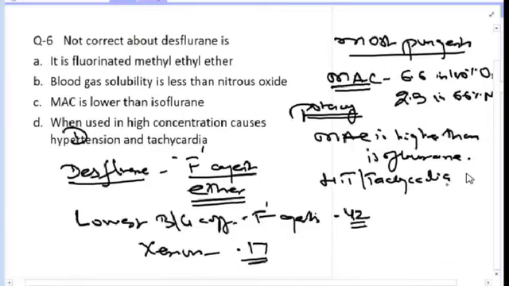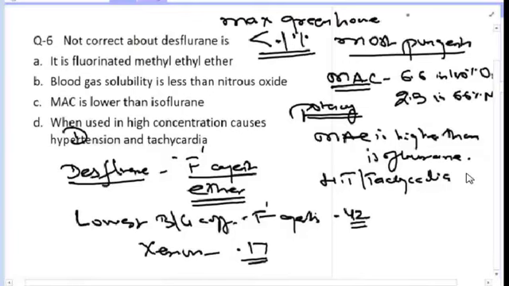It is minimally metabolized, less than 0.1%, and it causes maximum greenhouse effect among fluorinated agents.